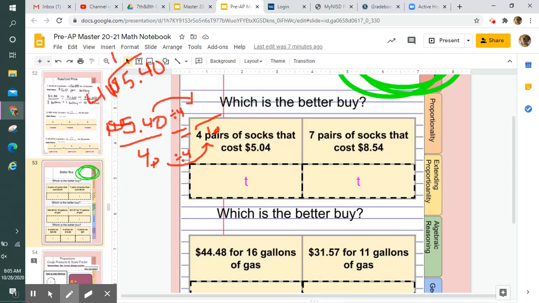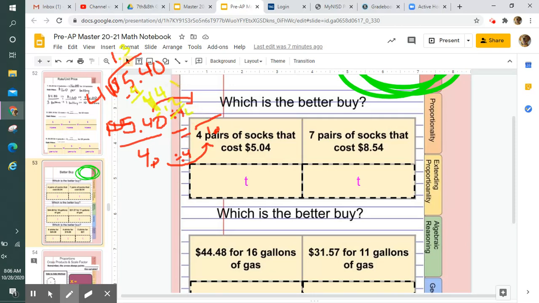So 4 goes into 5 once, 1's left over. I'm going to change my color real quick. 1's left over, so we have 14. Sorry, 14, 4 goes into 14 3 times. 3 times 4 is 12.